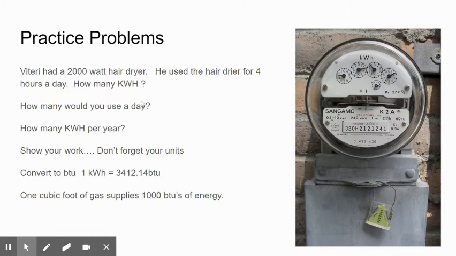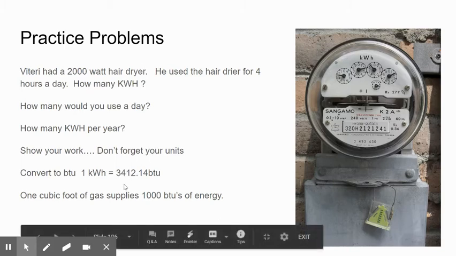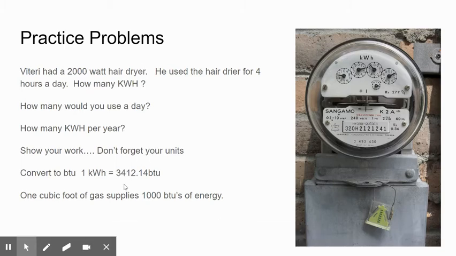So for right now, it was 2,000 times 4, and that's 8,000. Then we have to convert that into kilowatts. That's 8 kilowatt hours a day. Then that 8 kilowatt hours per day times 365 is going to be a bunch of kilowatt hours. I may then have to convert to BTU, which is just another unit of energy.